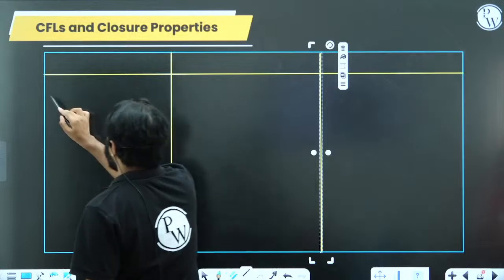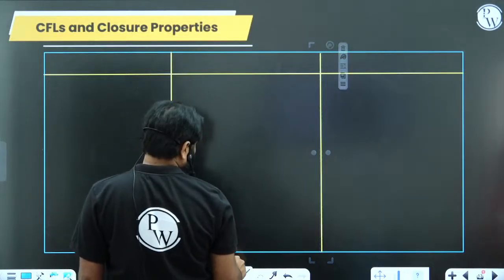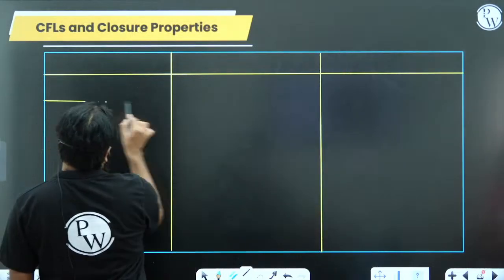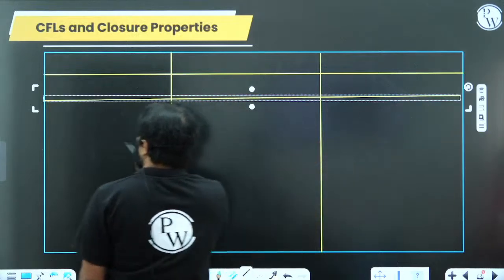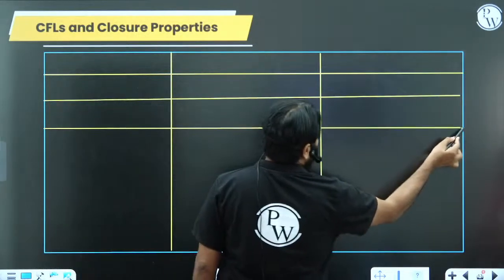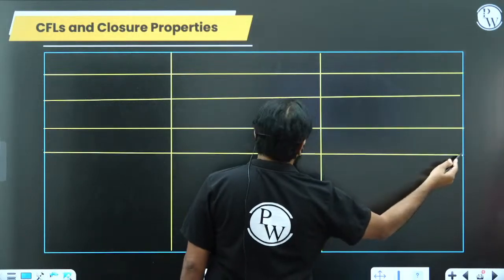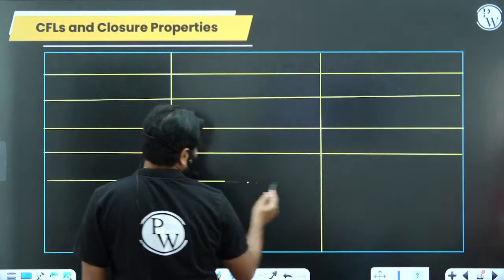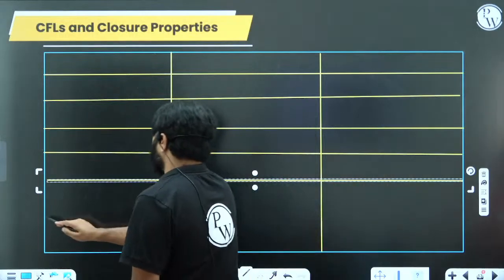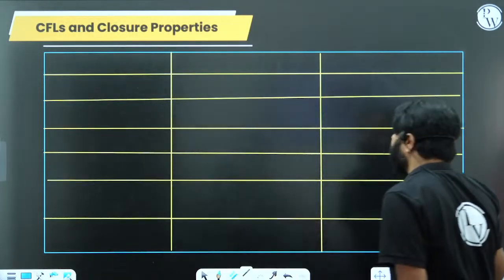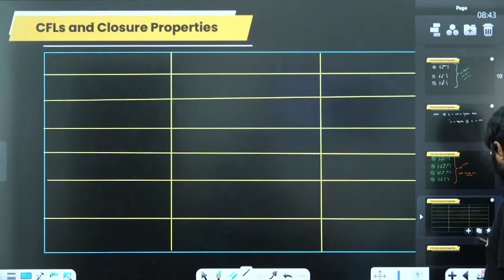Let's take them one by one. Union, intersection. This could be asked directly in the exam. Again, these operations are very important. We'll take two separate slides for the same.